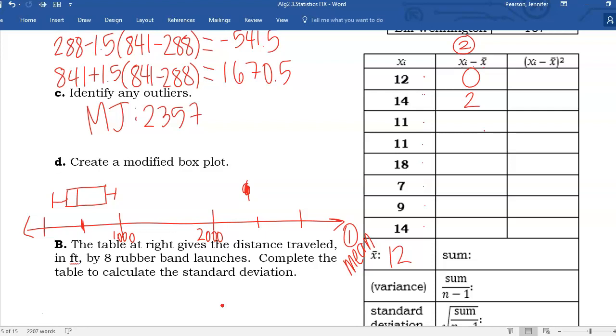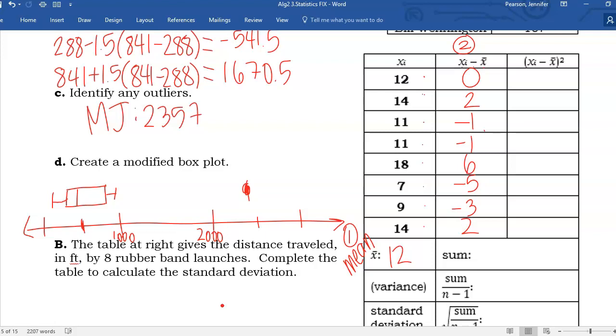Next one is how far is 11 from 12? So this is the one where technically we're doing 11 minus 12, so it is a negative 1 because 11 is 1 from 12, but it's lower. Okay, and then again, how far are we from 12? Bam. Each data point, subtract the mean.